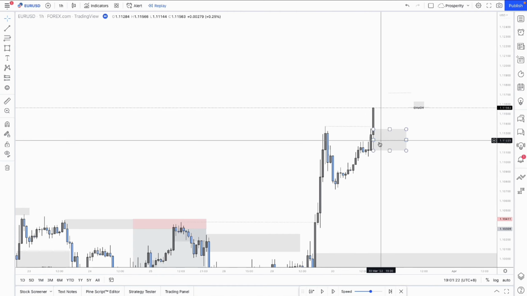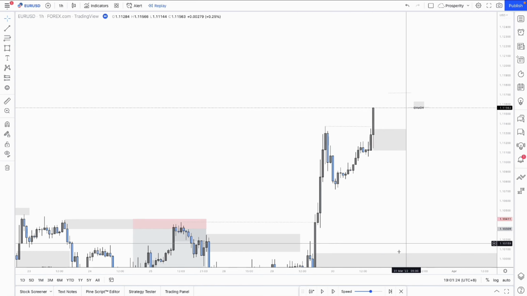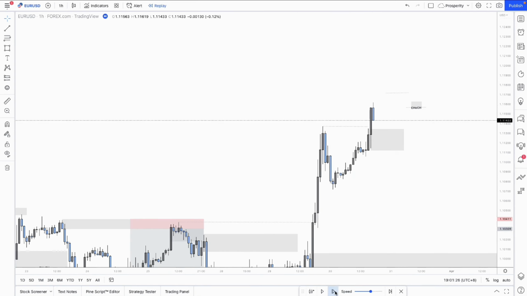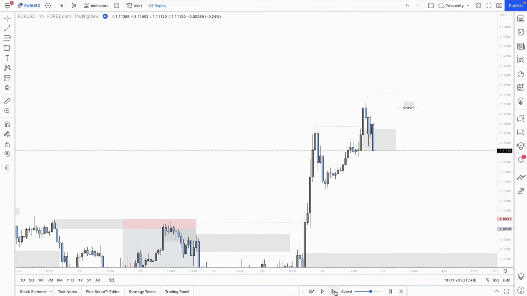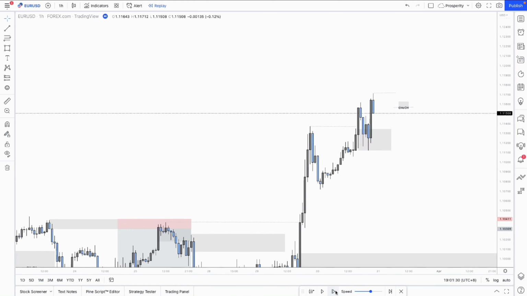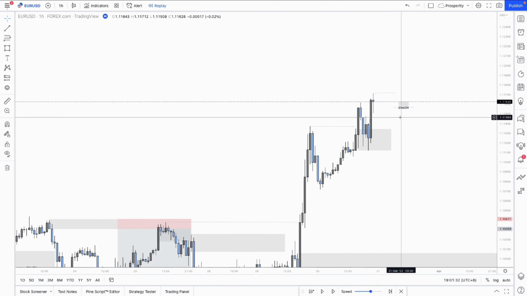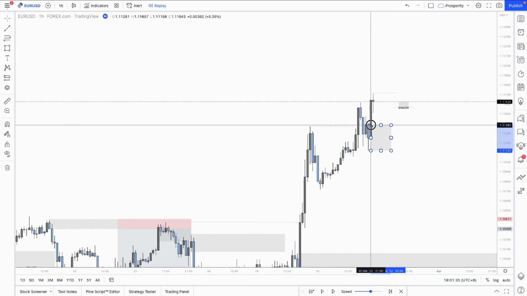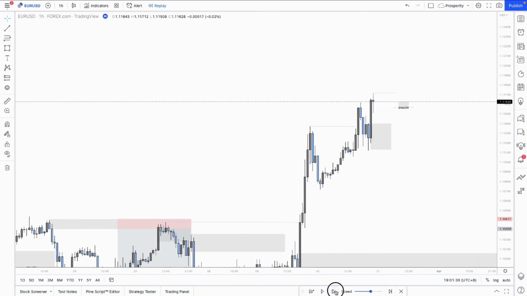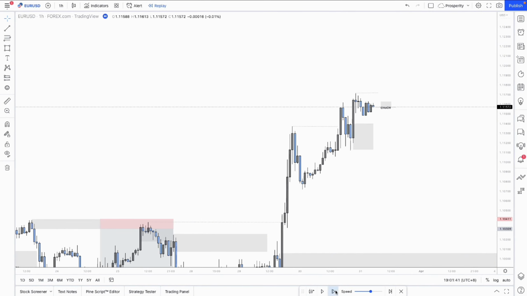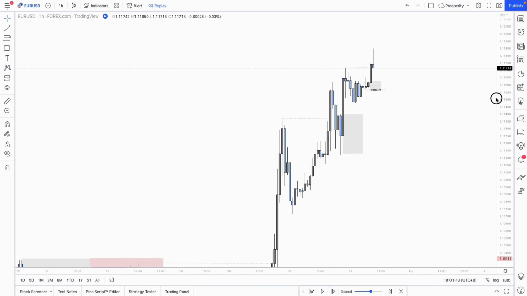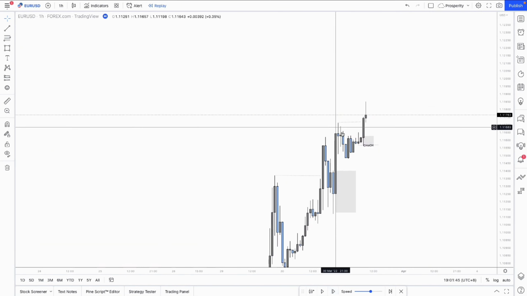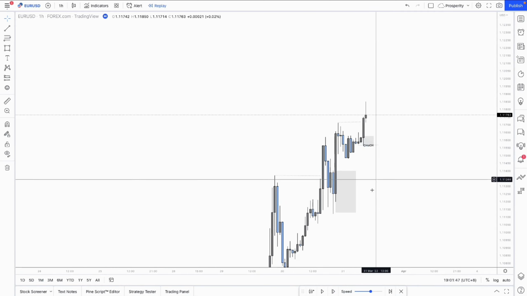So if it was to get broken here, this low, then that would be a change of character, but it doesn't. It gets respected before going to put in a new high. And then this new high is now from this demand. And you just follow the demand, supply and demand. And now price puts in a new high, which is this demand.